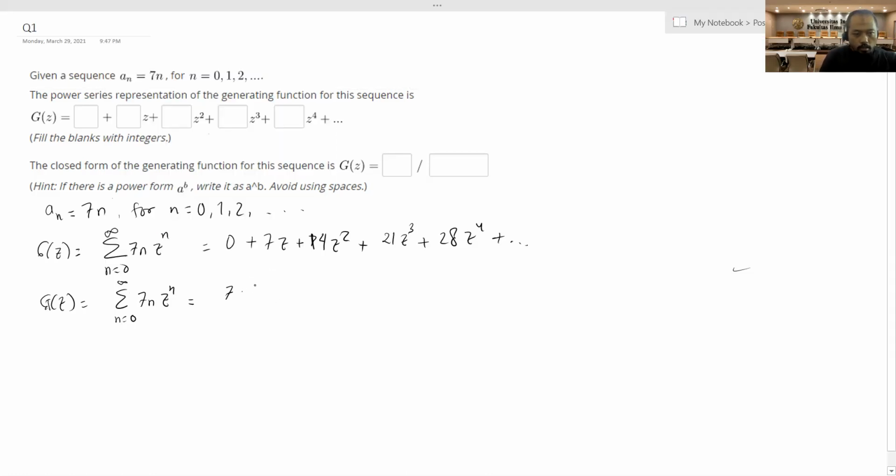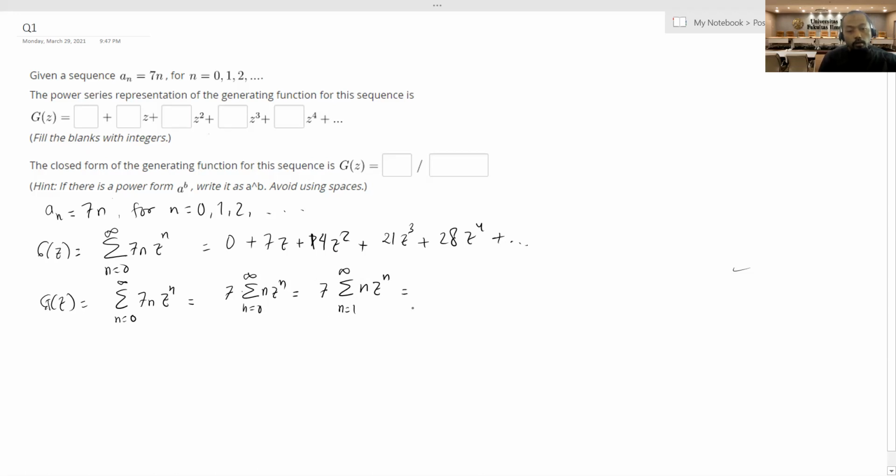If we shift the index, we start from 1, because the 0th term, when n is equal to 0, is actually 0.